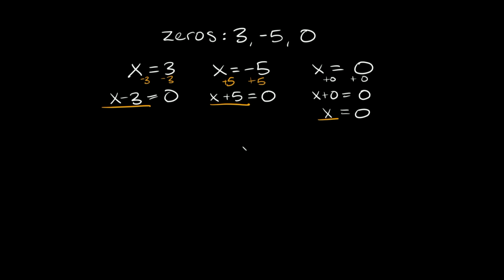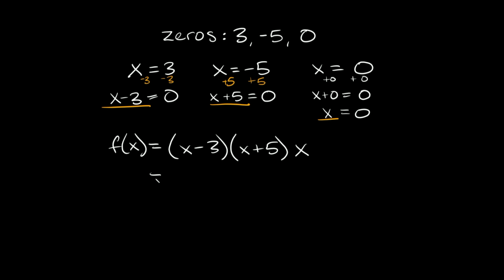So in order to write our polynomial, now we're going to multiply all our factors together. So we're going to say that f of x is equal to this first one right here, x minus 3. And then here we have x plus 5. And then here we have just x. Okay, so to multiply these two binomials together, we can just FOIL, right?